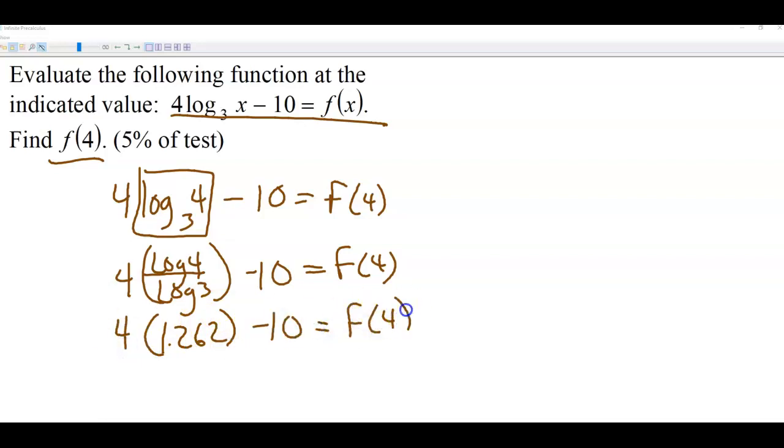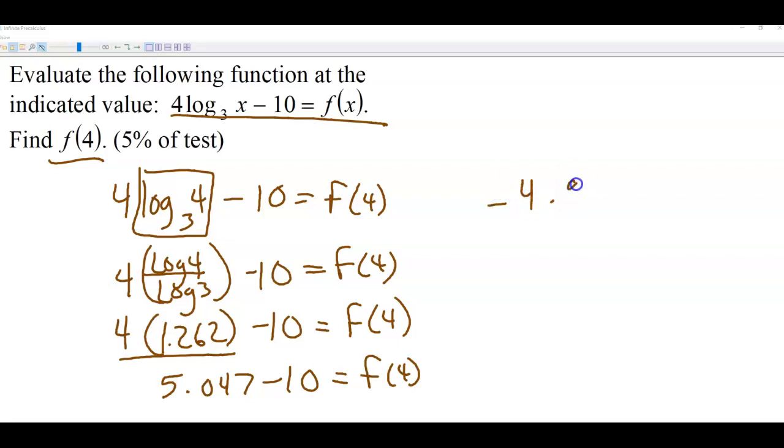After that, we're just going to do the multiplication and subtraction. So let's start with the multiplication. I'm going to multiply that by 4, and I get 5.047. And then if I subtract from that 10, I get, as my final answer, negative 4.953, rounding to the nearest thousandth. Okay, so that's how we'll be doing evaluating.